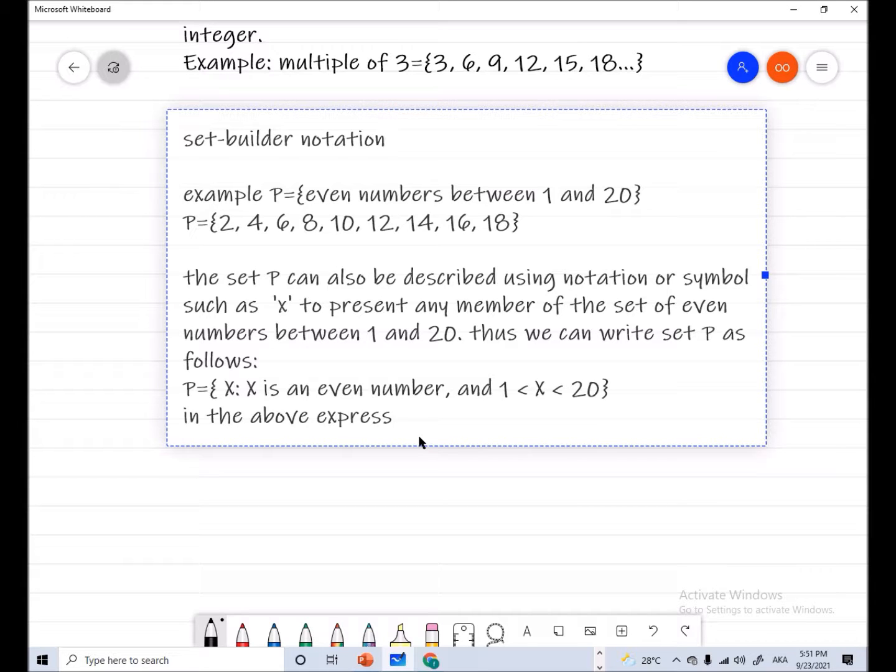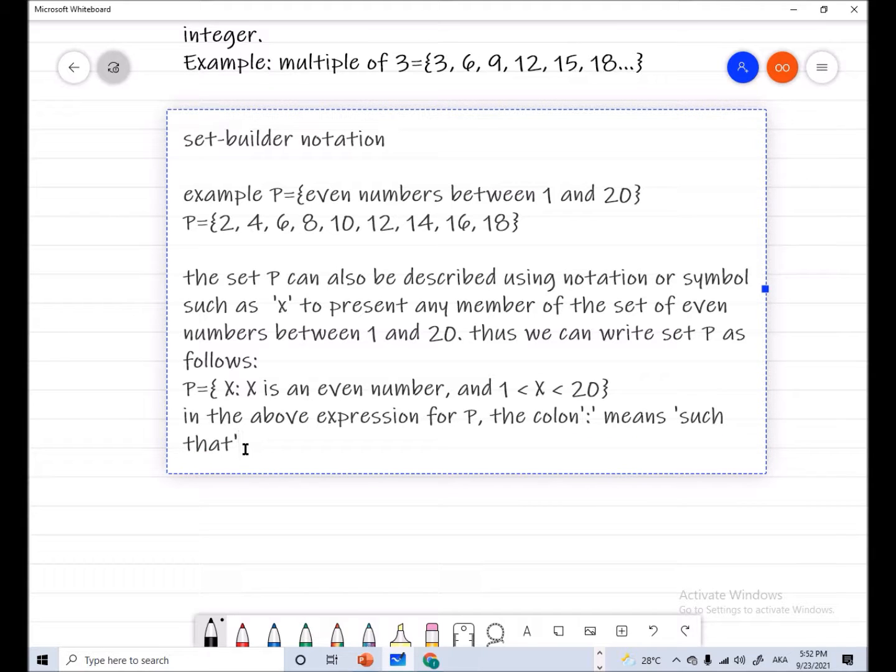in the above expression, it says that for P, the column, this one, means such that, and we follow it by the property that x is an even number.